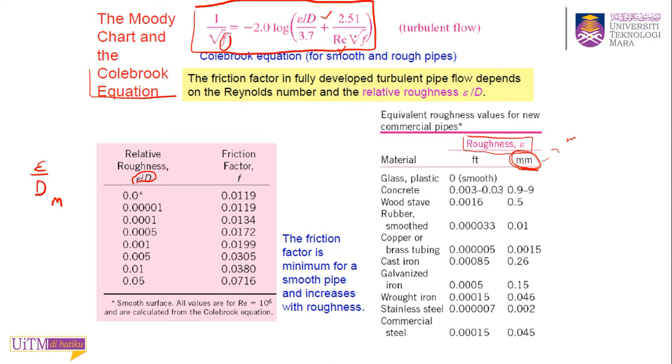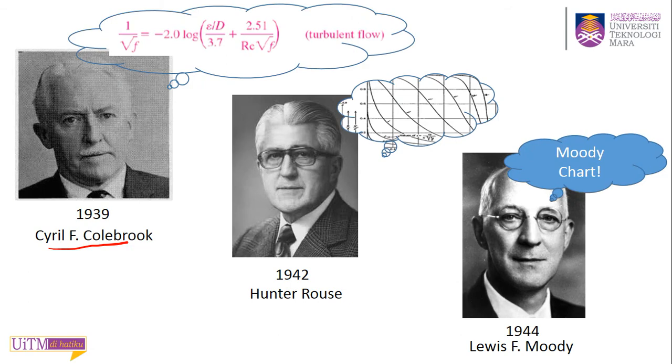people kept studying this Colebrook equation, and in 1942 Hunter Rouse, another researcher, tried to simplify this equation. He came out with a graph, but the graph was not very good, so people still could not use it to determine the friction factor for turbulent flow.